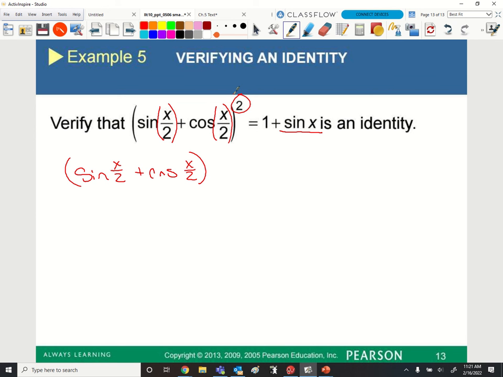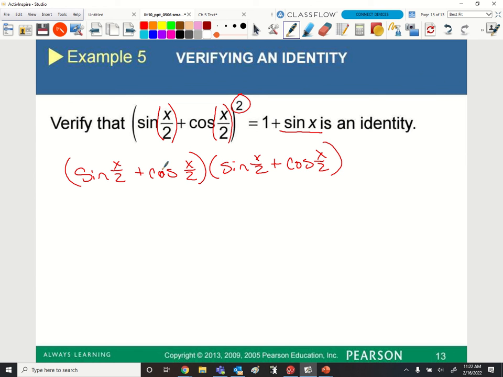So my second one is sine of x over 2 plus cosine of x over 2. So I have 2 of those, a binomial times a binomial.